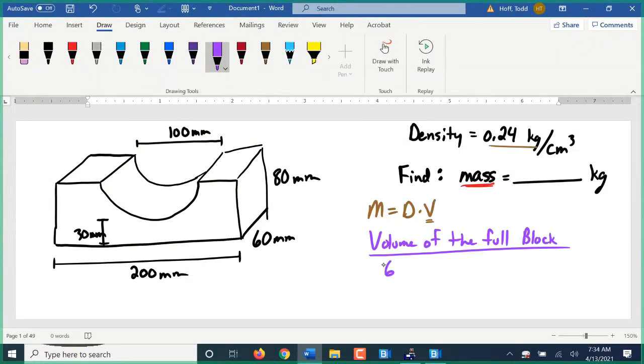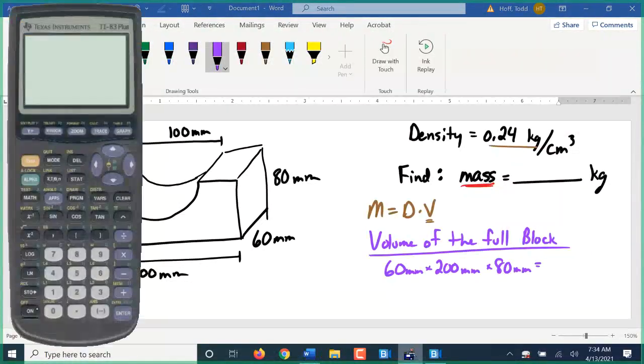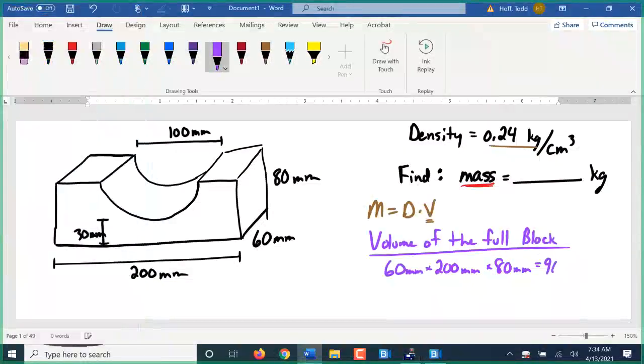That would be the 60 millimeters times the 200 millimeters times the 80 millimeters, which would give us 960,000 millimeters cubed.